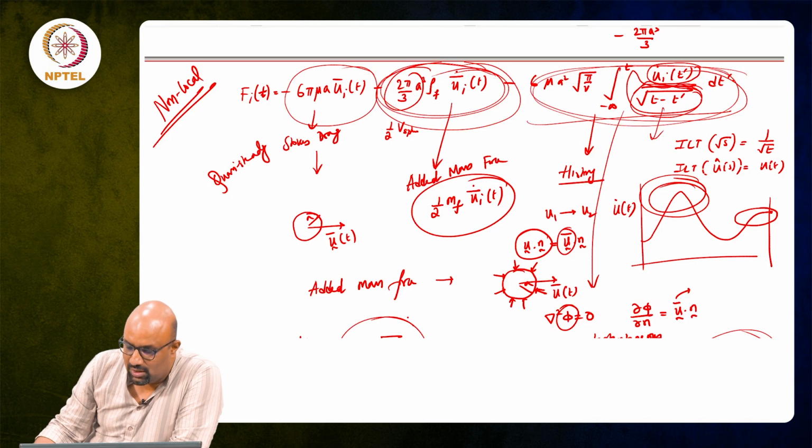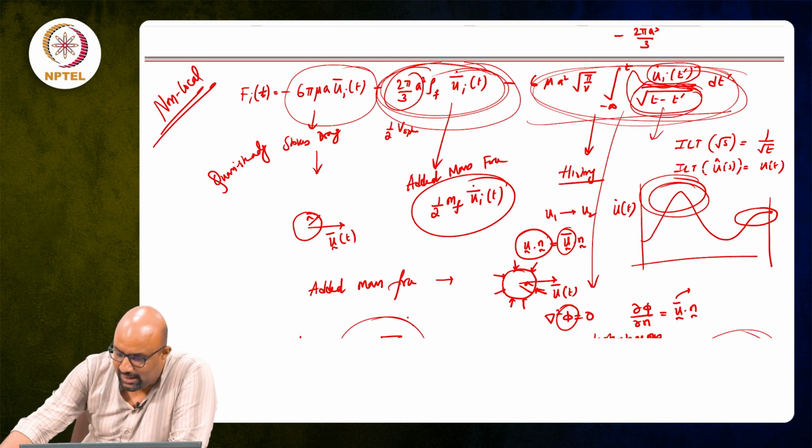Now, this was an exercise in terms of trying to find out the force that is experienced by a spherical particle moving in an unsteady manner at very low Reynolds number, but the fluid is quiescent. So, what we will do next is we are going to start removing some of these assumptions and making the background flow a little more complicated.